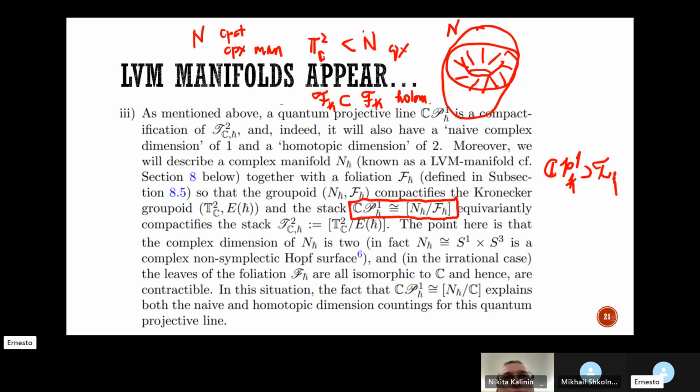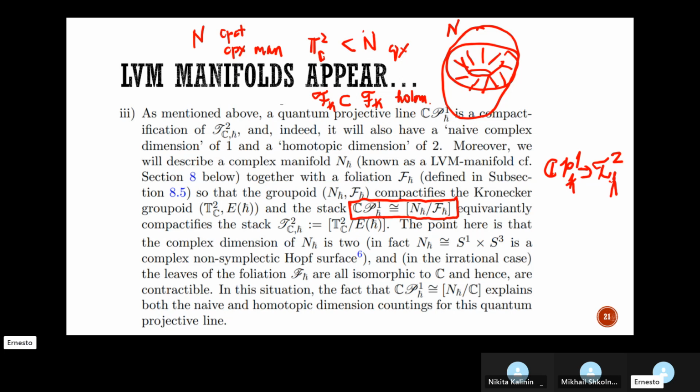And of course, here the problem is with these two. It's traditionally called T2, but I should call it T1 or T2. It looks very funny, this situation, but it is the way it is. So we have the torus, the complex torus, and CP1 will compactify by extending to a complex manifold the foliation.